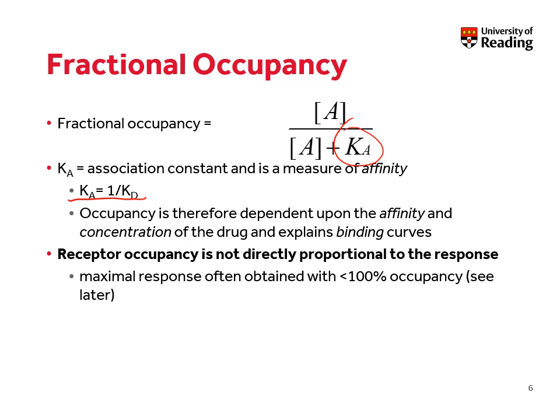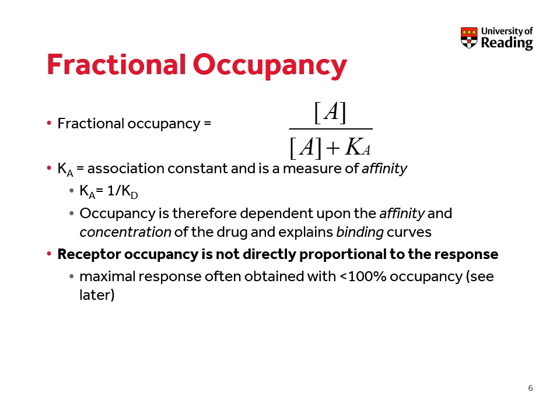And therefore, hopefully you can see it's dependent upon the affinity, the Ka, and the concentration of the drug that you have will determine how many of the receptors are occupied. It's simply like the law of mass action: the more concentration of drug you have, the more receptors occupied, the greater the response. But it starts to get a bit sticky because the relationship between the number of receptors occupied and the overall response is not proportional, or not directly proportional.